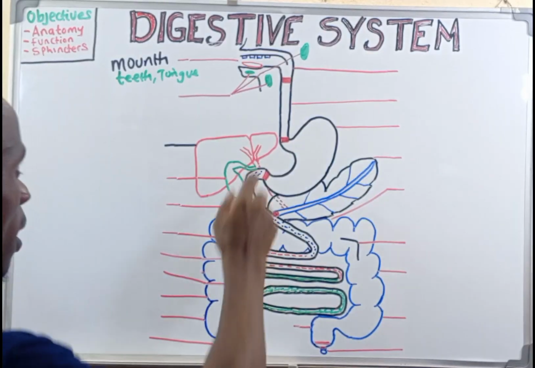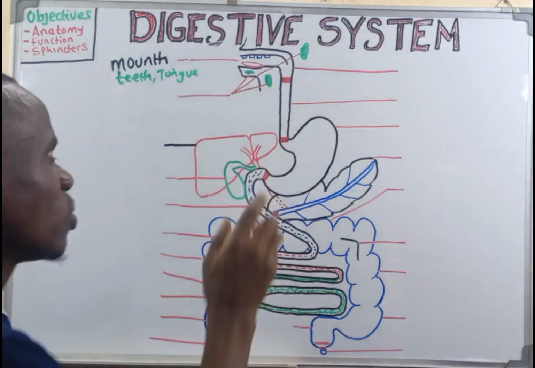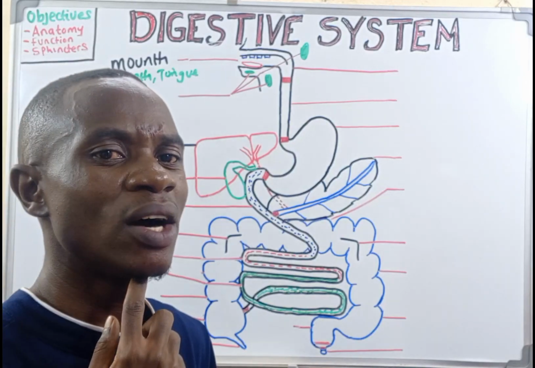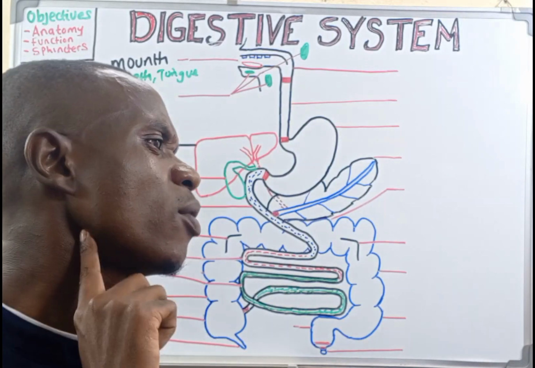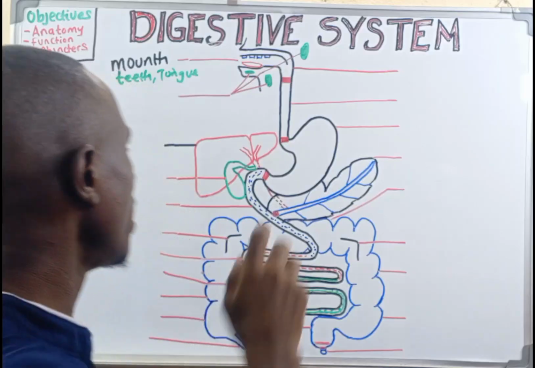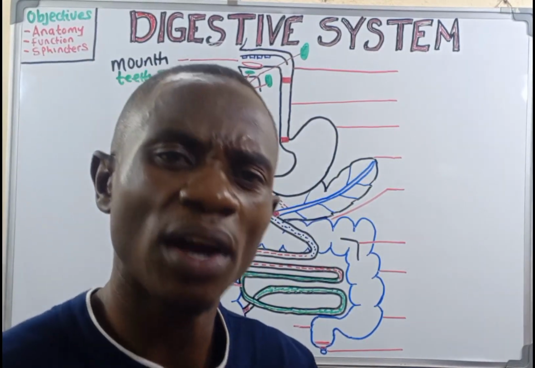Now, we also have these structures which are going to be located under the tongue. Some of them are going to be located just inferior to the ear, and even some of them are going to be located somewhere here. Now these structures are going to be providing what we call saliva. You know how they are called?